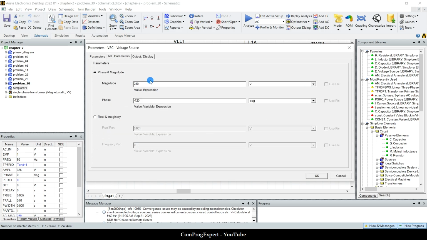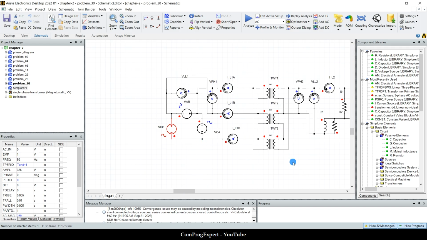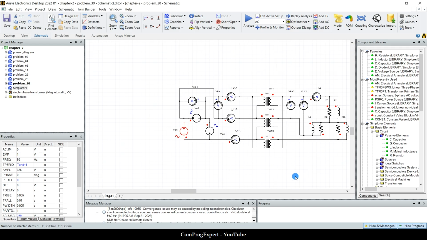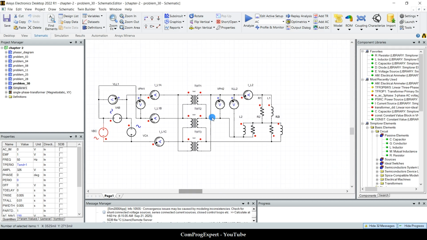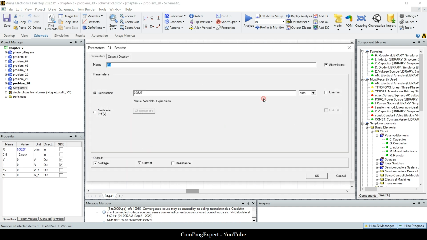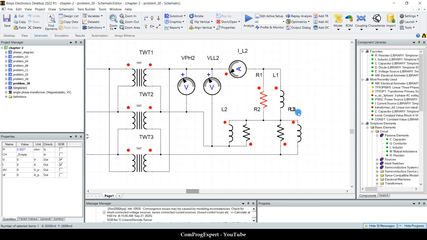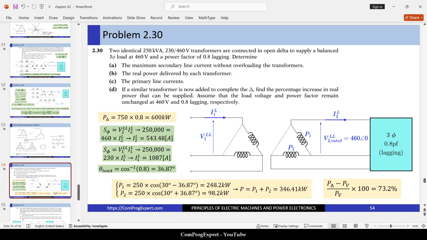And here we have these two numbers for the resistance and inductance. How can we calculate resistance? Like before. Here in this case, when we have all single phase transformers, the full power is 600 kilowatts. Per phase is 200 kilowatts.